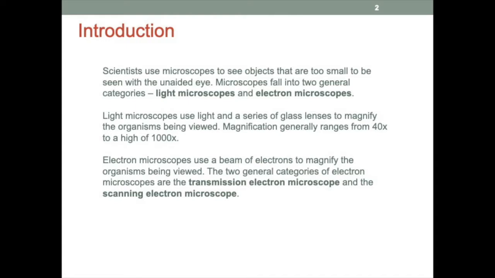Introduction. We've already talked about microscopy in lecture at one point. We have two general types of microscopy: light microscopy, which has some magnification, and electron microscopy, which has a lot more magnification. Light microscopes use a series of glass lenses to magnify organisms about 40 to 1,000 times.